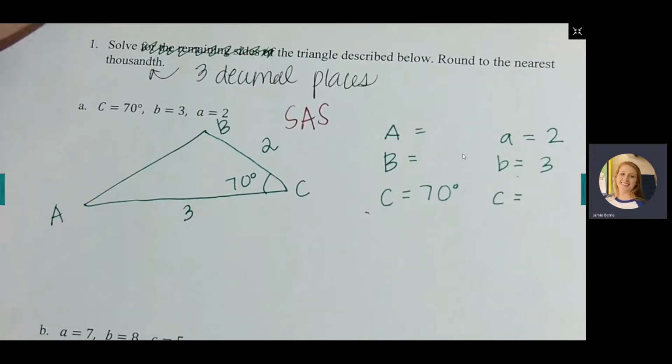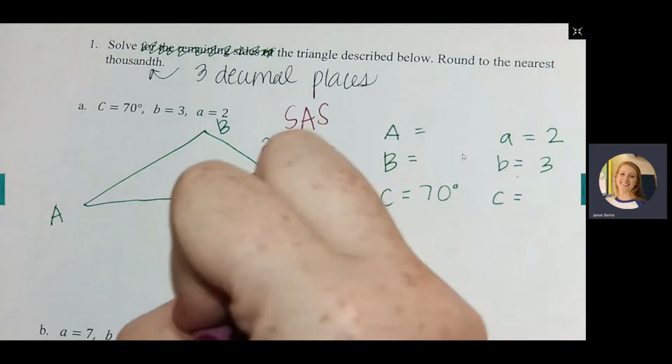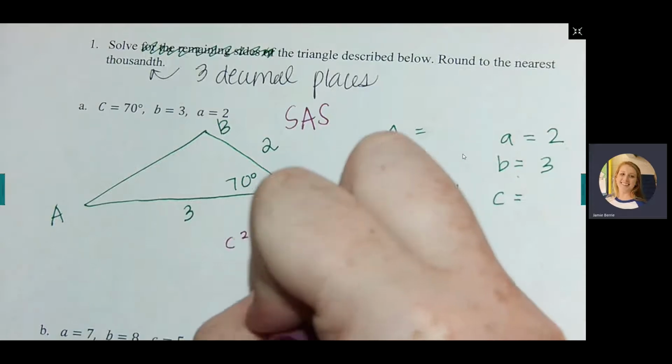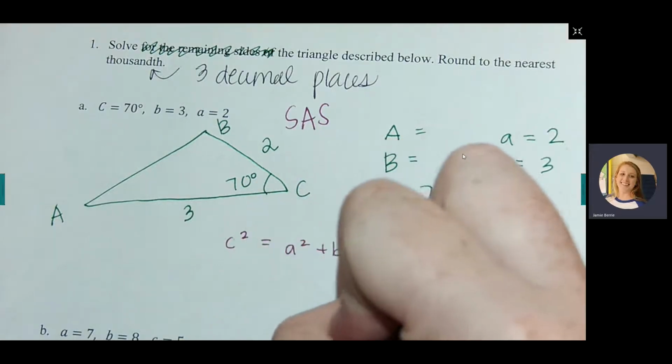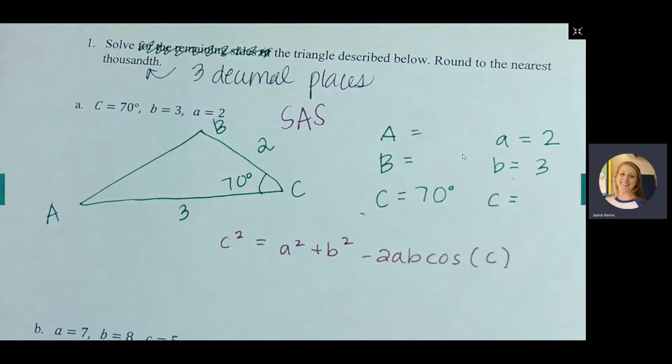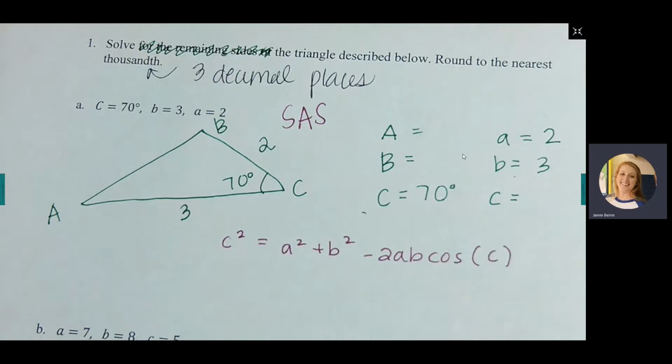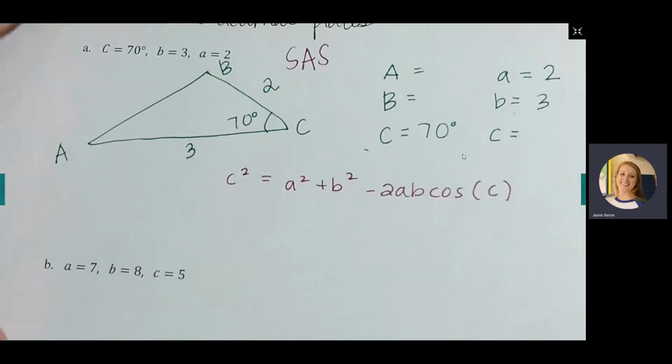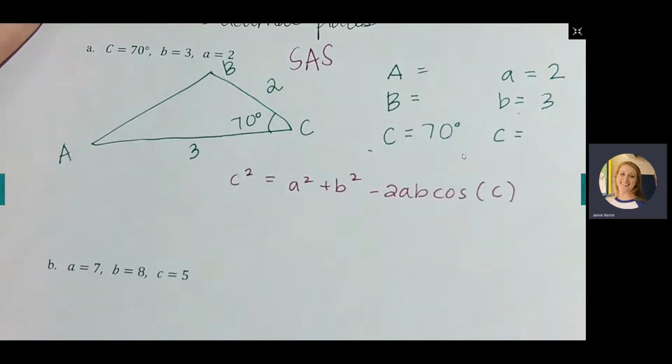All right, so let's write out the formula. We have c squared equals a squared plus b squared minus 2ab times cosine of C. You can leave the parentheses off of the angle, or you can write the parentheses around the angle. It doesn't matter, whatever notation you prefer.